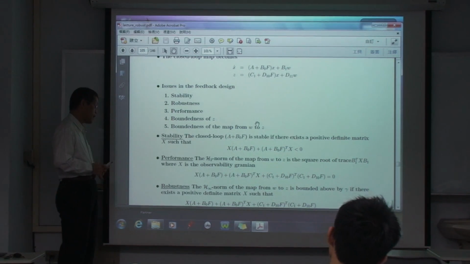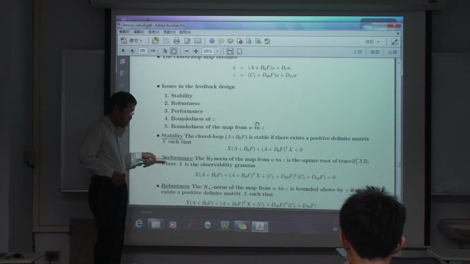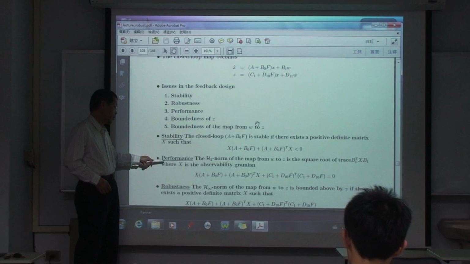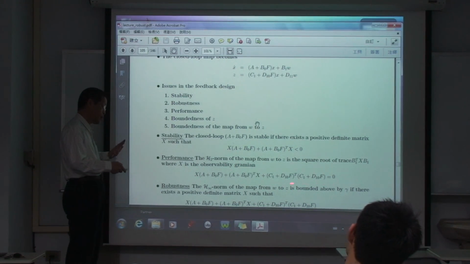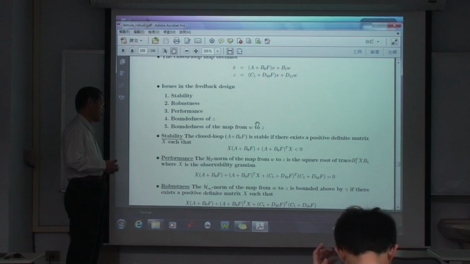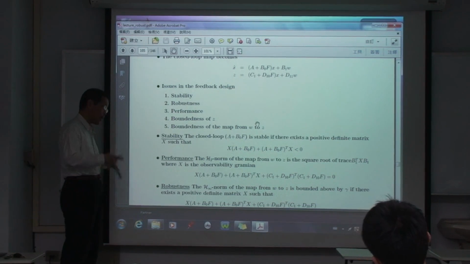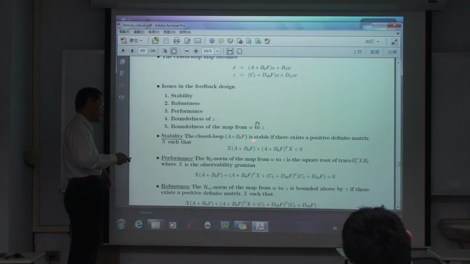But the nice thing is, if you compare this particular equation for stability and this particular performance, you will realize that suppose I impose a certain performance constraint, then that automatically guarantees stability. That means suppose I have a design that could realize this equation, then that automatically guarantees stability.